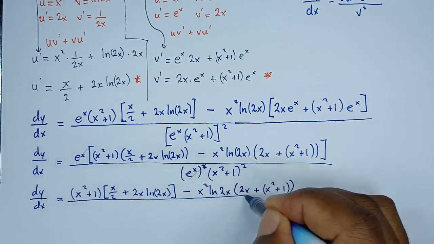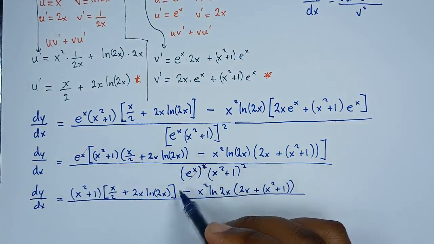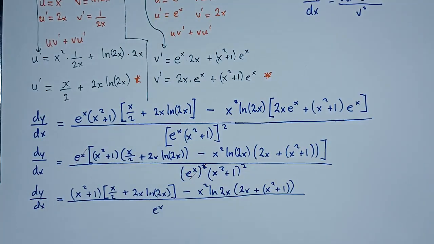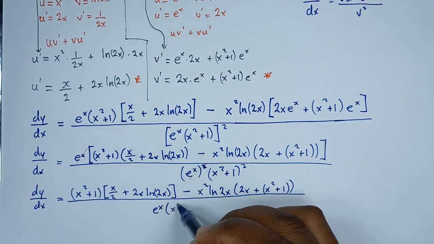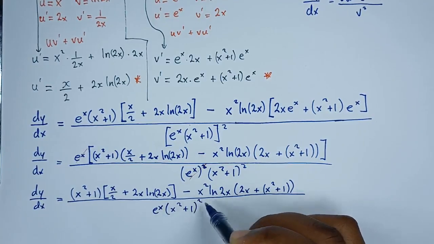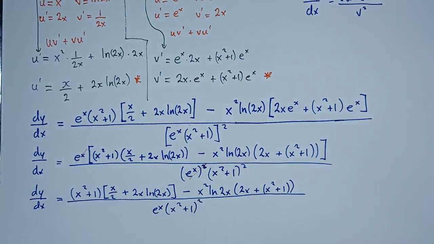Then everything is over. Remember, one of these cancelled, so e to the x multiplied by x squared plus 1 squared. So we can leave it there, it's fine. That's our derivative. But even if you intend to expand, it's okay as well. All right.